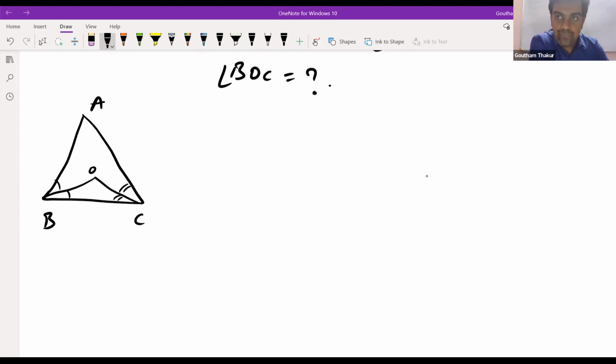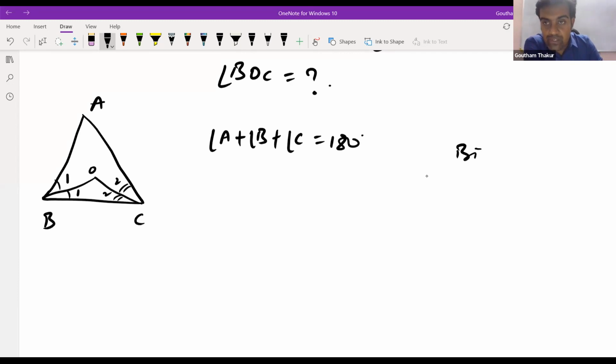We all know angle A plus angle B plus angle C is equal to 180 degrees. Now, what do you mean by a bisector? A bisector is nothing but something which divides an angle into two equal angles. This is what students often get confused about.